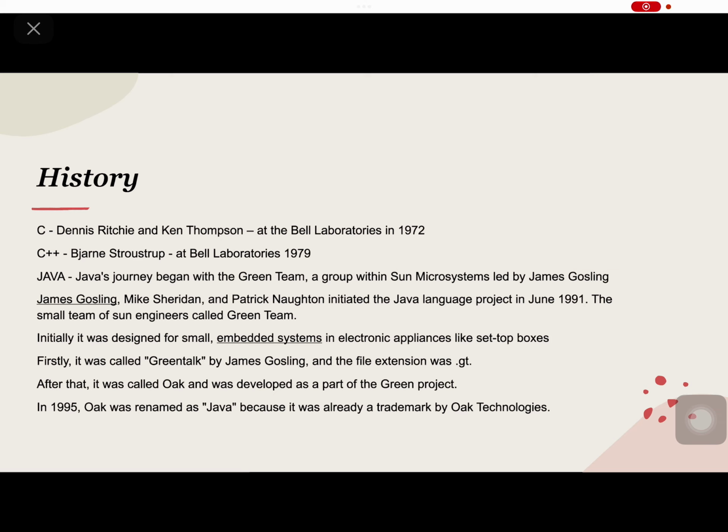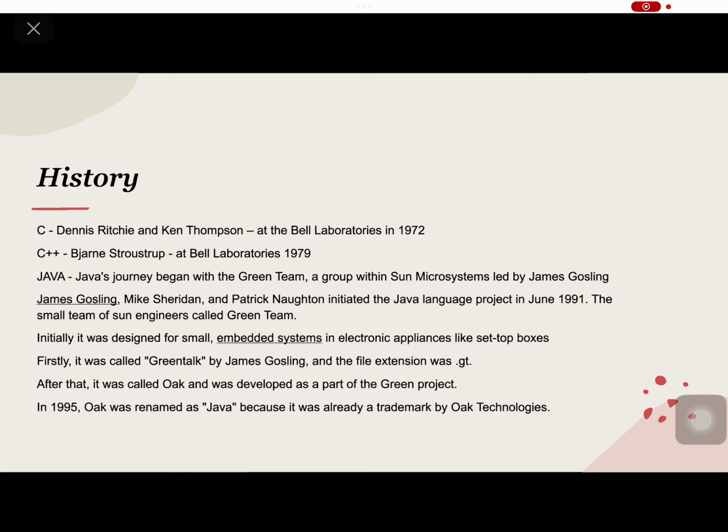Let's look into the history. Initially, let's start with the programming languages. The first was the C language by Dennis Ritchie, who is a founder, and Ken Thompson. They both developed the C language in the year 1972 at Bell Laboratories, and then came the C++ language in the year 1979 by Bjarne Stroustrup at AT&T Bell Laboratories.